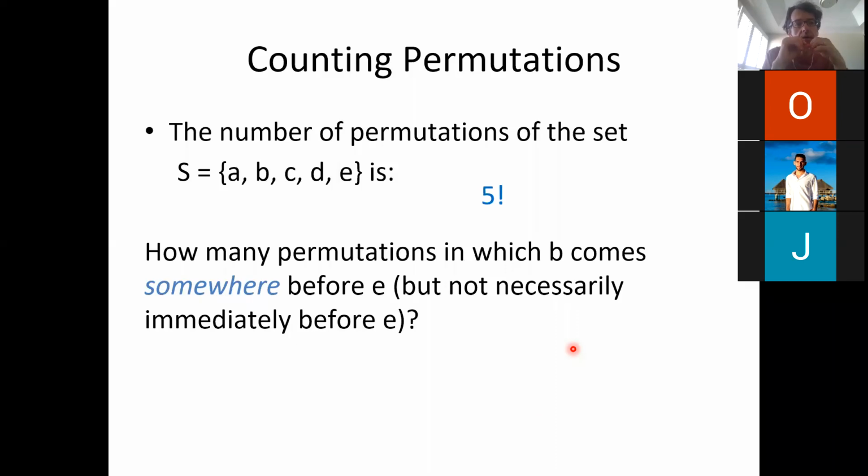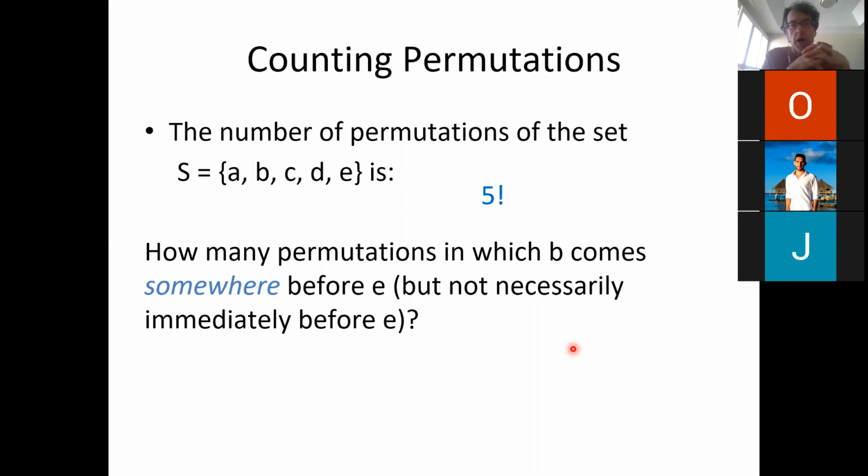Yeah, I know, but like 5 factorial over 4 factorial, because there's 4. No, 5 factorial over 2. Okay, and say again why? I first ignore the restriction. I just randomly permute 5 elements. Good. And I thought there are half the cases that include B comes before E.